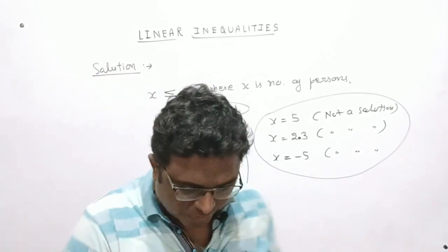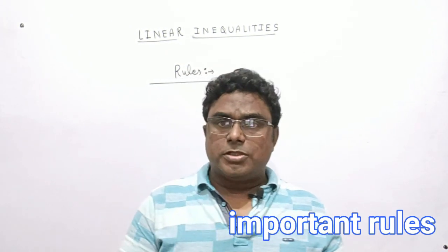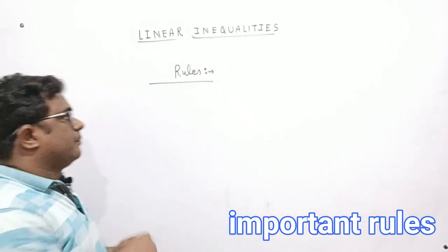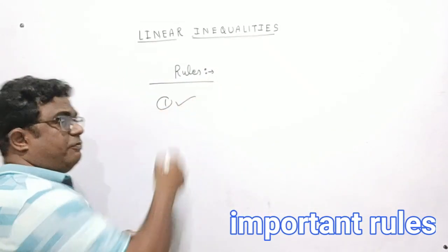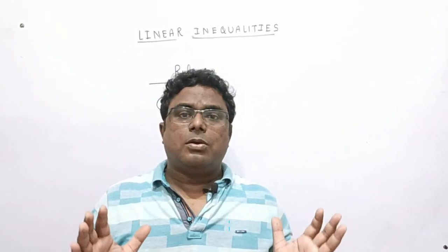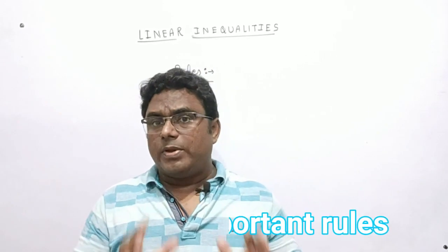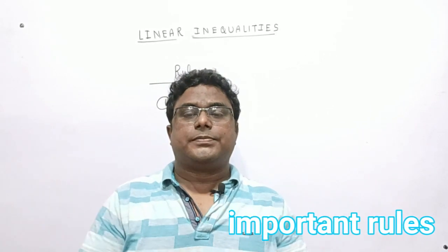Now our next topic is rules. We will see some very important rules regarding the topic of inequality. There are three rules. Rule number 1 is, if we add or subtract the same quantity on both sides of an inequality, then the sign of inequality is not affected.